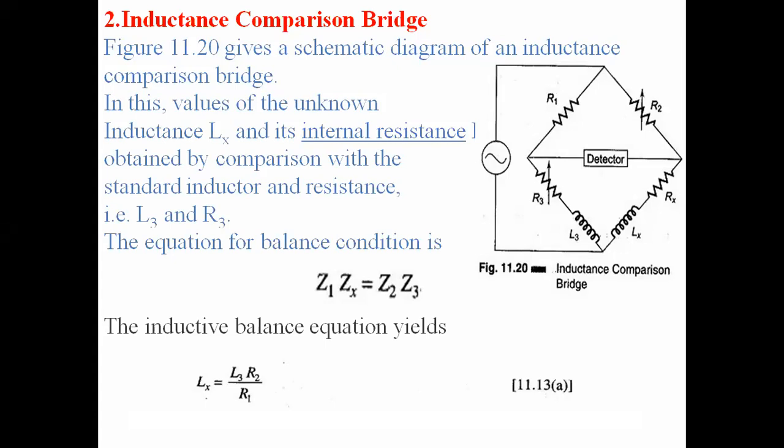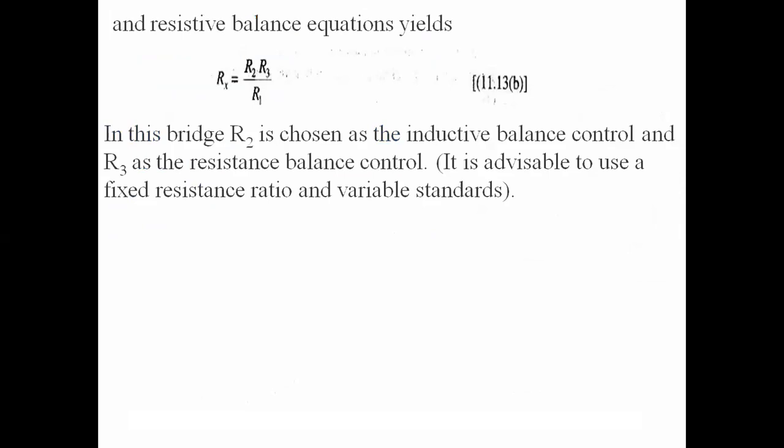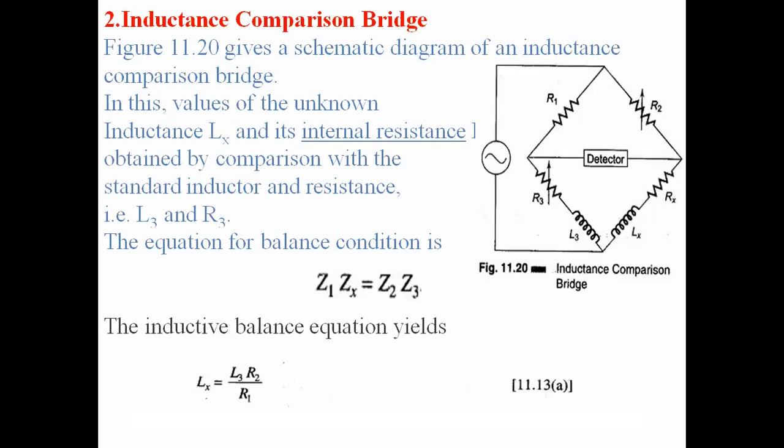The resistive balance equation yields Rx equals R2 R3 by R1. In this bridge, R2 is chosen as the inductive balance control and R3 as the resistive balance control. So here we are using two adjustments, R2 and R3.